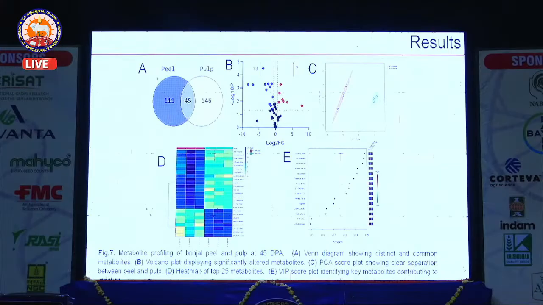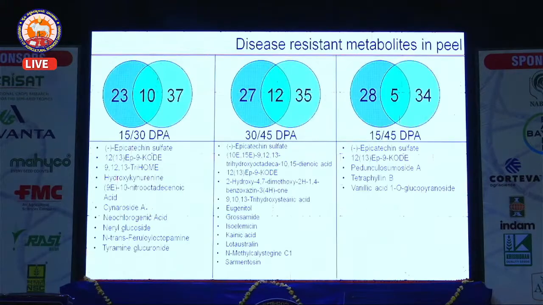When compared from the initial stage of development to the final mature stage, the common metabolites are reducing and the unique metabolites are increasing. So we thought to check what are the major disease resistant metabolites and the metabolites related to defense. So we performed that analysis, comparing between the stages.